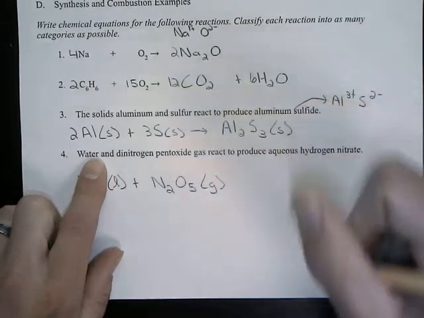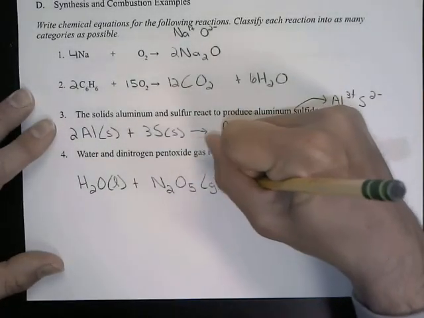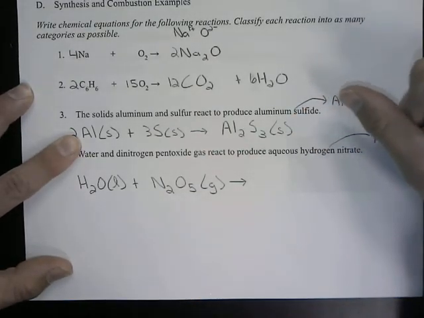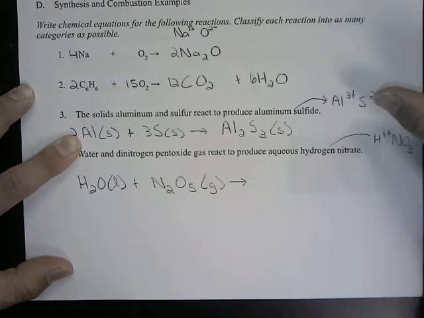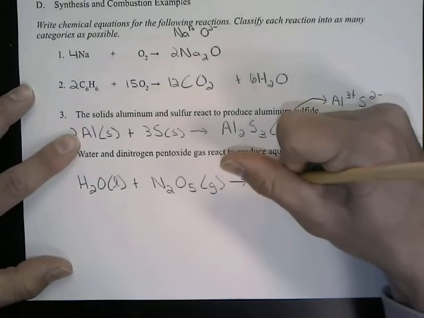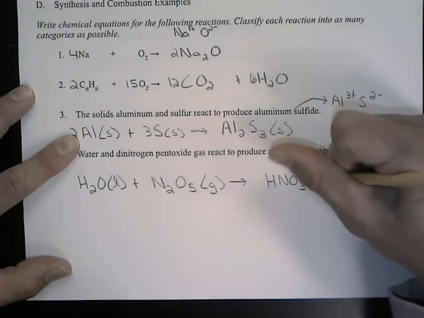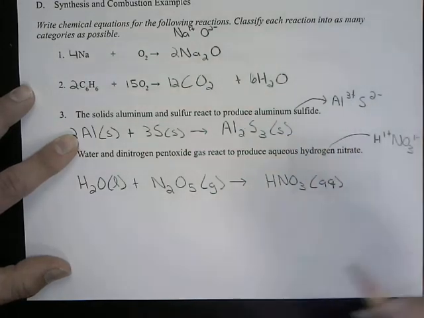N2O5, and the problem said it's a gas, G. This produces hydrogen nitrate. So remember, hydrogen would have a 1+ charge, nitrate would have a 1- charge, and when we would form that particular product, it would be HNO3, and it's AQ to represent that we have aqueous, okay?